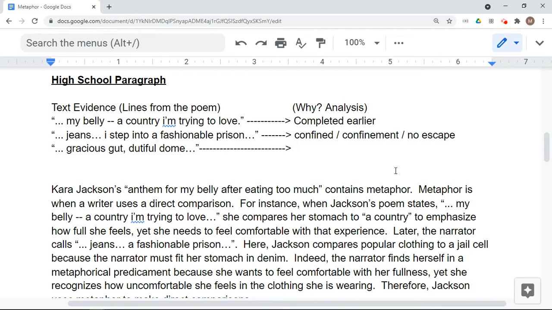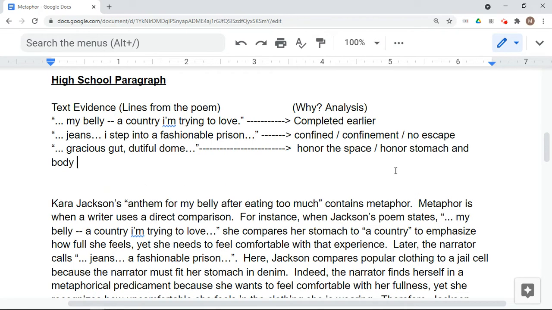So there's this idea of I must honor the space, honor her stomach, her body. So in that case, and I even like that because it's just unfolding to me in so many ways.